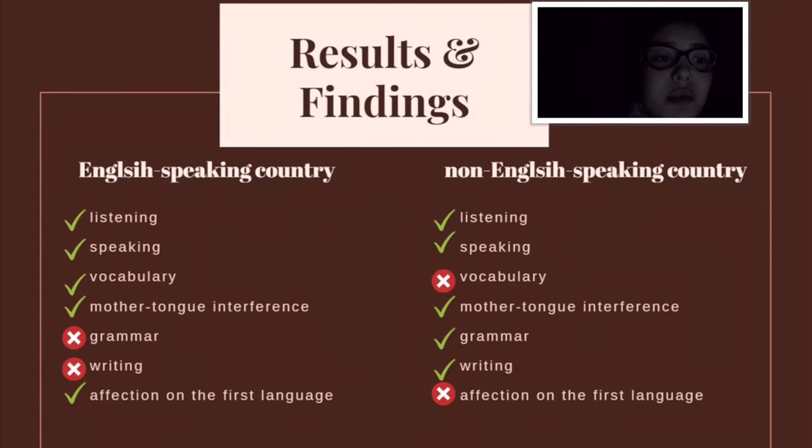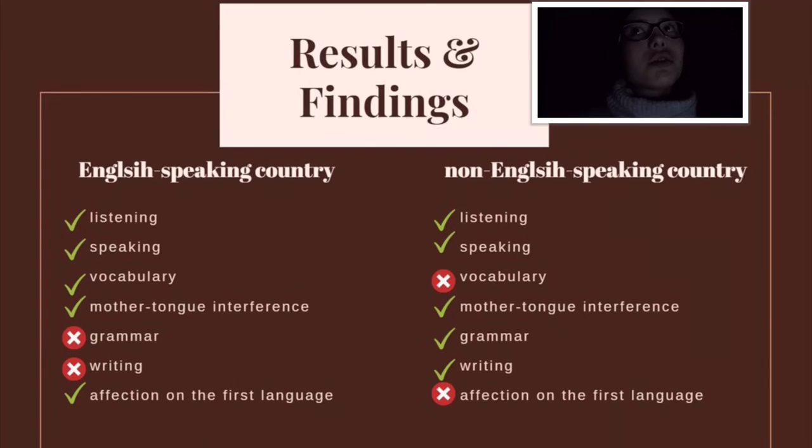But in non-English speaking countries, they do not have very strong listening and speaking skills. They don't have that wide range of vocabulary, and both of the environments appear to have mother tongue interference. Students who learn English in America have a very strong effect on their first language.